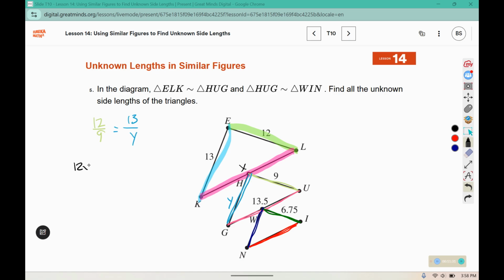That gives us 12y. 9 times 13 divide by 12. So this one here, HG is 9.75.